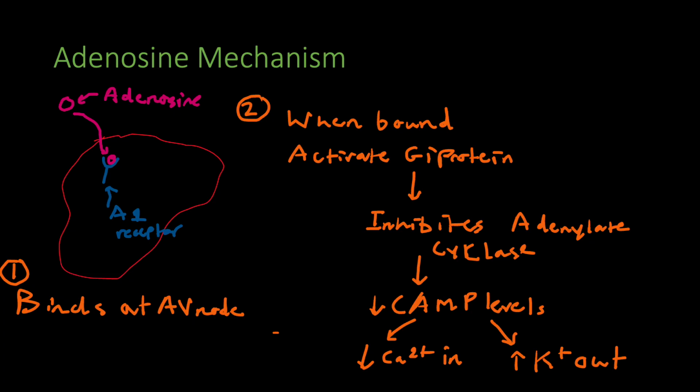Whenever adenosine binds to the A1 receptor within the AV node, it's going to activate the Gi protein and then inhibit the adenylate cyclase enzyme, which is going to decrease the cAMP levels and therefore decrease the calcium amount that goes inside the cell and increase the potassium efflux, or potassium goes out of the cell. So this is going to slow the depolarization in the AV nodal cells.